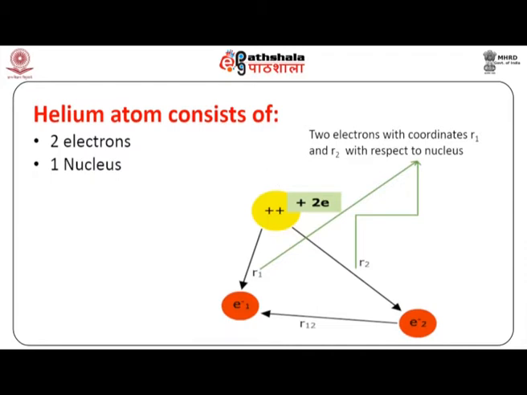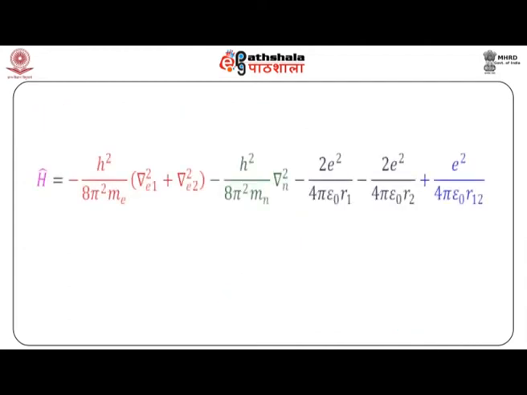The Schrödinger equation for helium atom is given in equation 9, that is minus h square upon 8 pi square me, where me is the mass of electron, into delta E1 square plus delta E2 square, where E1 and E2 refer to electron 1 and 2, minus h square upon 8 pi square mn, where mn is the mass of the nucleus, into delta n square, minus 2e square upon 4 pi epsilon naught r1 for electron 1, minus 2e square upon 4 pi epsilon naught r2 for electron 2, plus e square upon 4 pi epsilon naught r12. That is the interelectronic term.